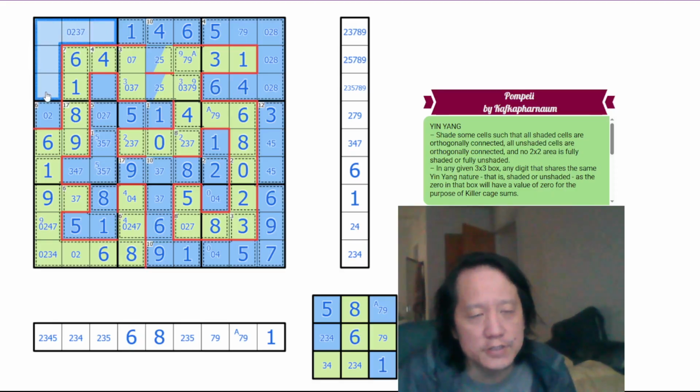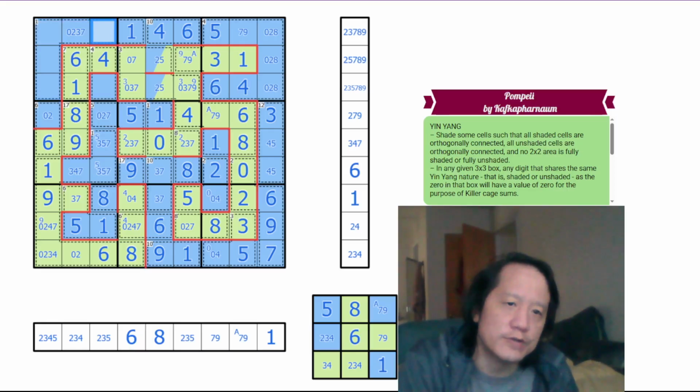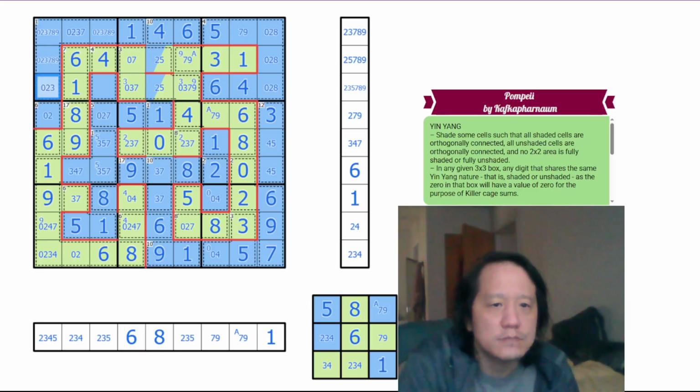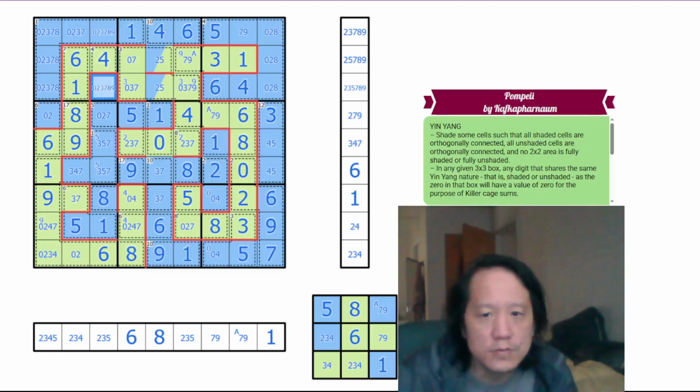Okay. Remaining digits in box 1 are 0, 2, 3, 7, 8, 9. Okay. No 9 here. So 9 is one of these 2.